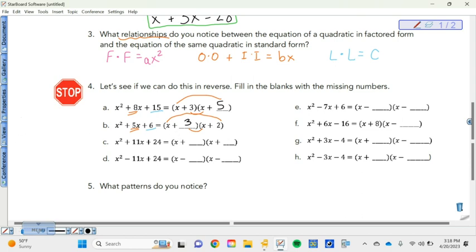So what are my factors of 24? 1 times 24, what else? 2 times 12, 6 and 4, 8 and 3, and that's it. All of these pairs multiply together to get to this last number.